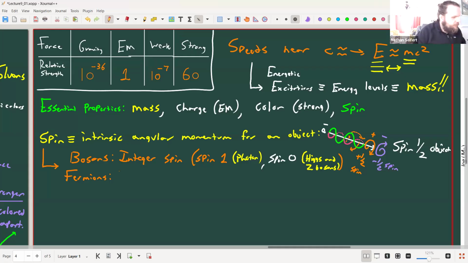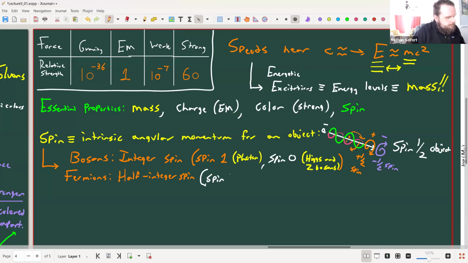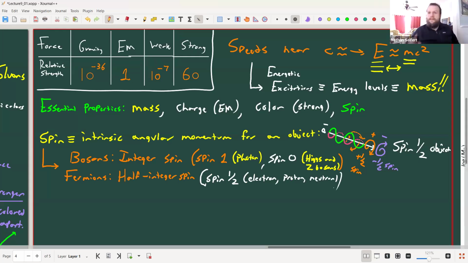And fermions have half integer spin. The vast majority of things are 1/2, like the electron and the proton and the neutron. Okay.